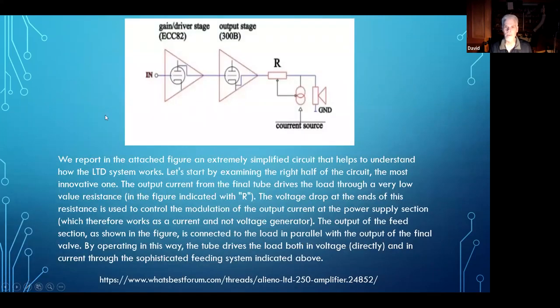Well, this is what they're doing. They've got their 300B output stage, and then they're sensing the output current from that, and then obviously amplifying the heck out of it to drive the speaker. They're claiming that they have no feedback. They claim it's an all-tube amp. It's not a hybrid.